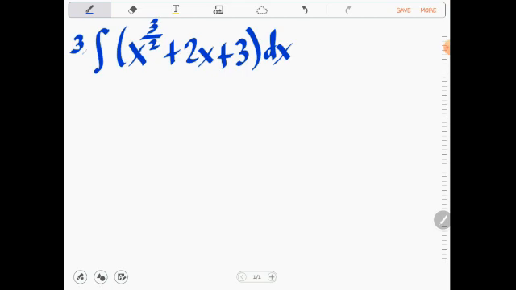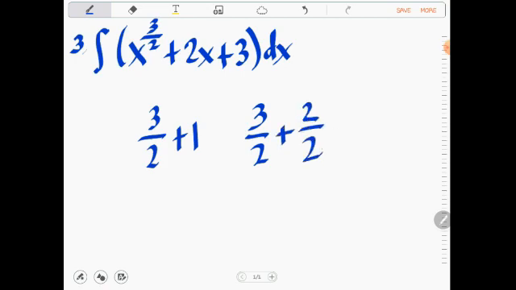Kung ano yung denominator niya, yun din yung gagawin natin sa numerator at sa denominator, to equate as 1. So halimbawa, 3 halves plus 1, pwede mo siyang gawin as 3 over 2 plus 2 over 2. Then, copy the denominator, then add the numerator. So, this would be equals to 5 over 2 or 5 halves.